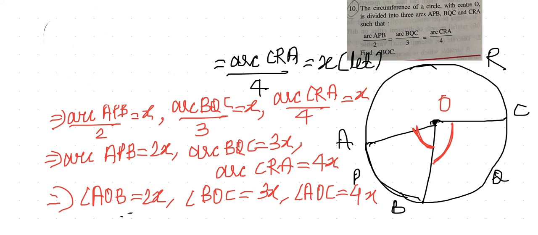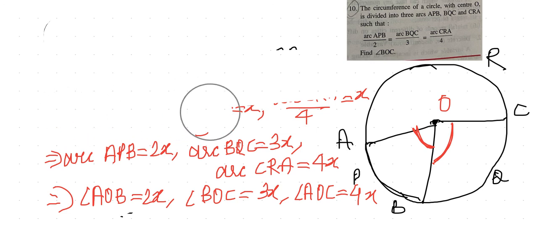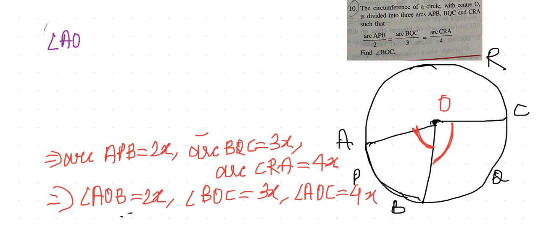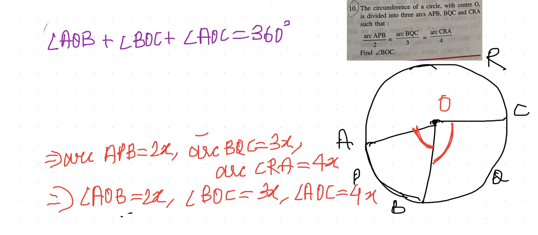Okay. So we are just nearing the answer, children. So what you will be writing next? This question is an important one, children, in the sense we haven't done a question of this type in the entire chapter. So now you will be writing that angle AOB plus angle BOC plus angle AOC is equal to 360 degrees. Why, children? Forming a complete angle.